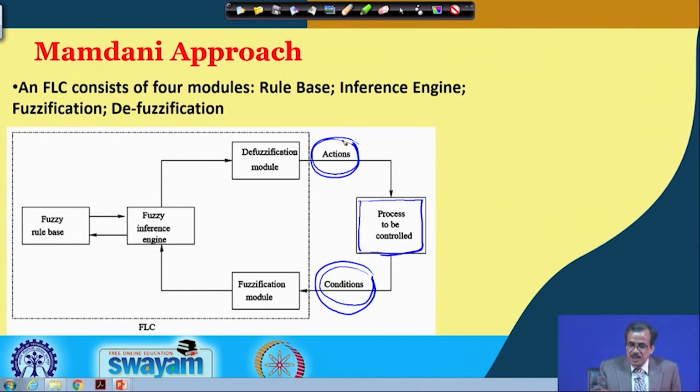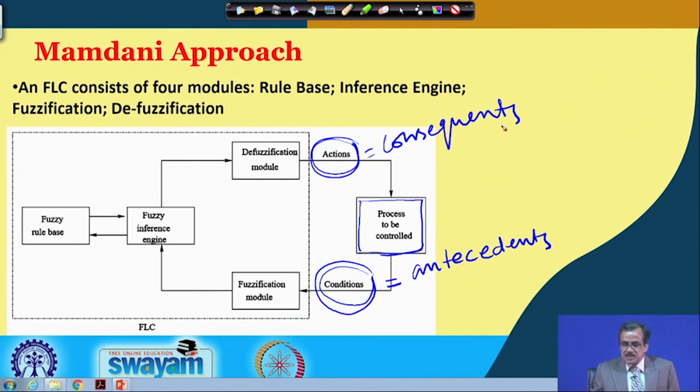So, the first task is to identify the condition variables and the action variables. The condition variables are also known as antecedents, and the action variables are known as consequences.